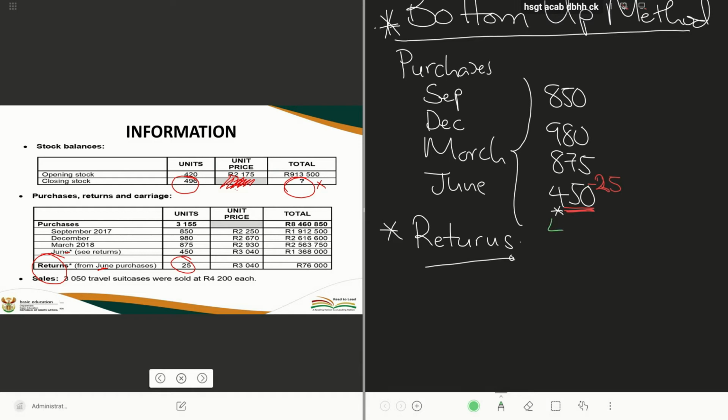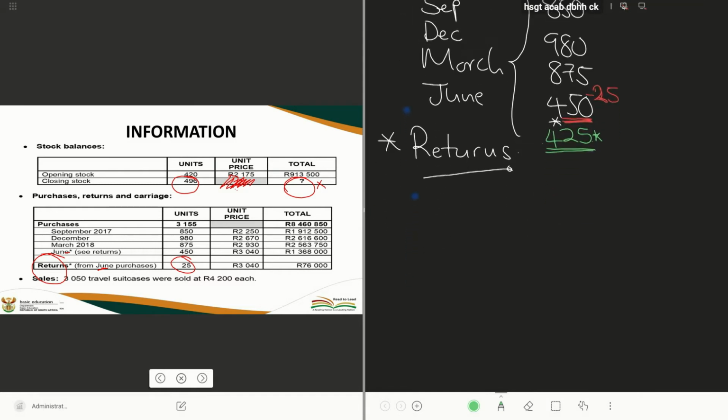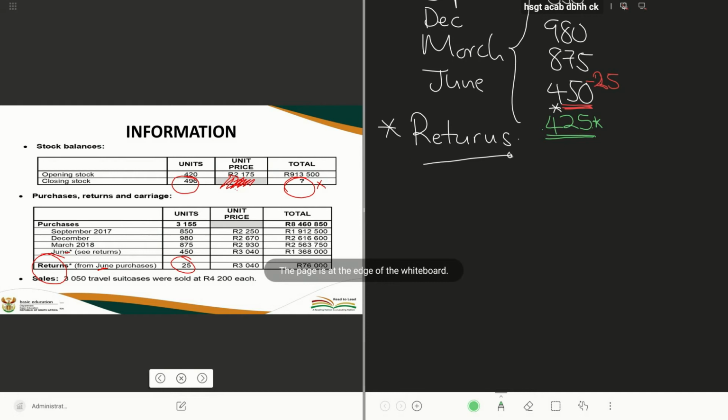In other words, in June, you only have 425 units left. When this is done, boys and girls, let us now apply our bottom-up method.